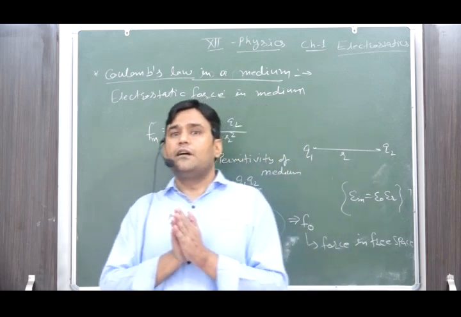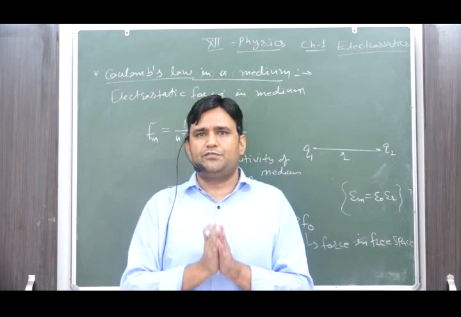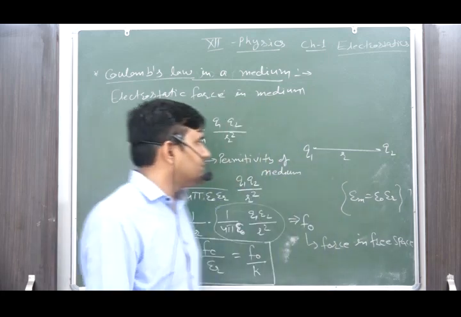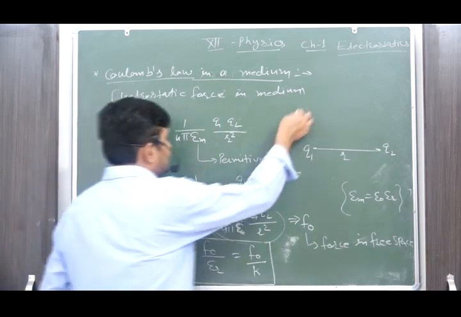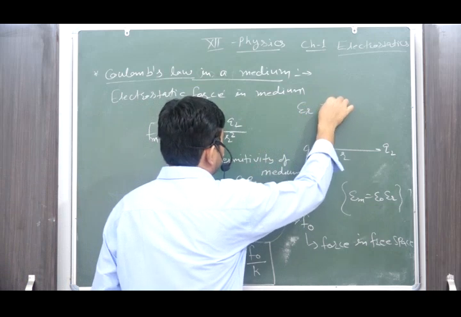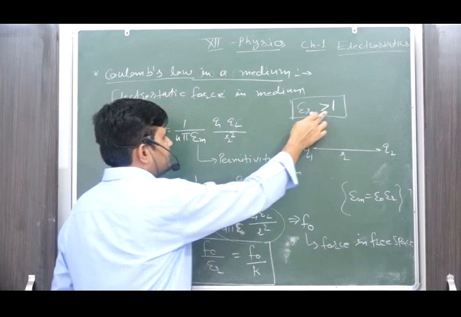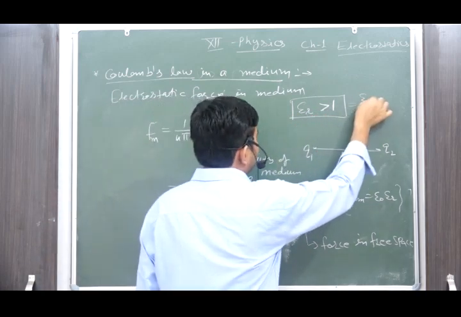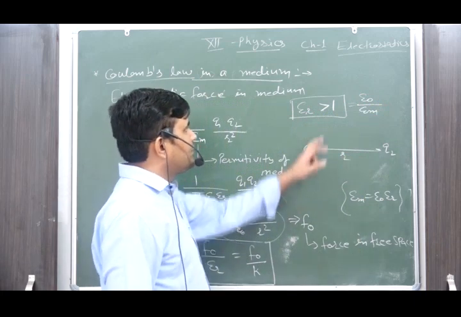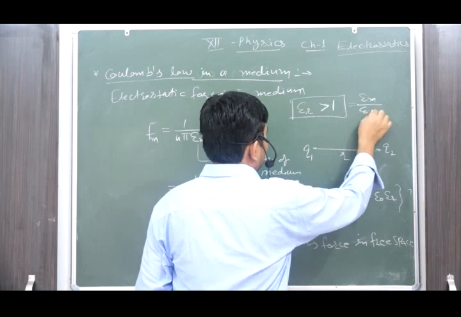If we take this arrangement into any kind of medium, the force always decreases. The reason is that the value of epsilon r is always greater than 1, because it is the ratio of epsilon m upon epsilon naught.